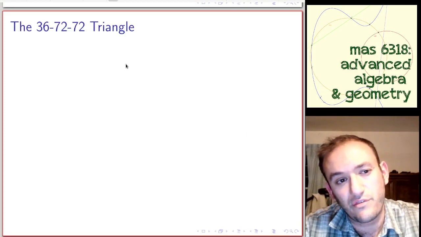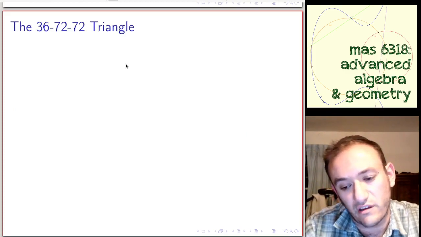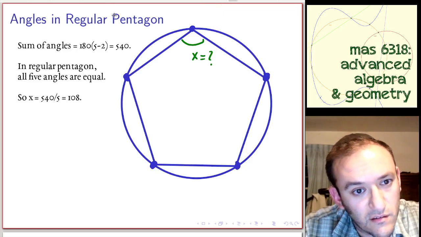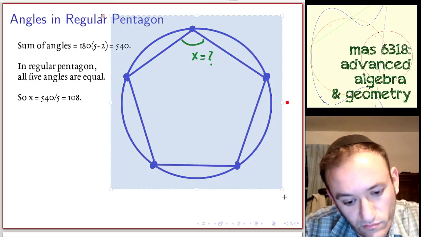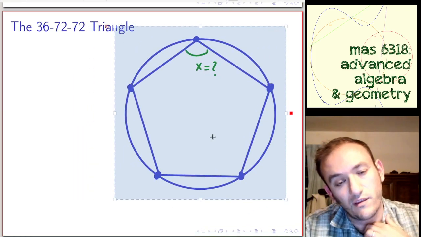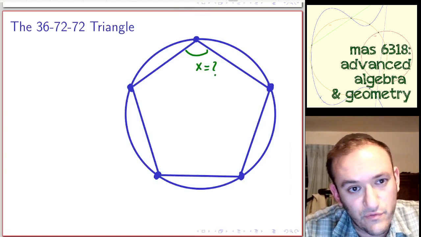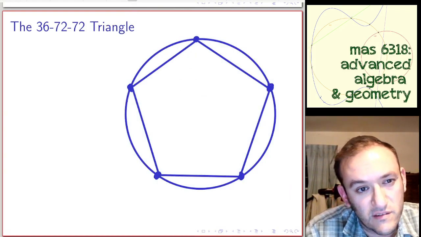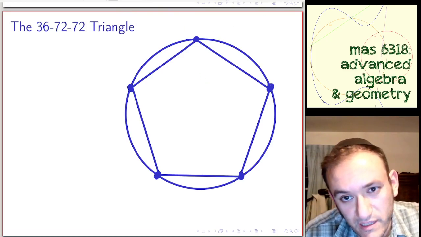And how does the 36, 72, 72 triangle come into this? Well, we are going to add in some diagonals to this picture and see what insight that lends.